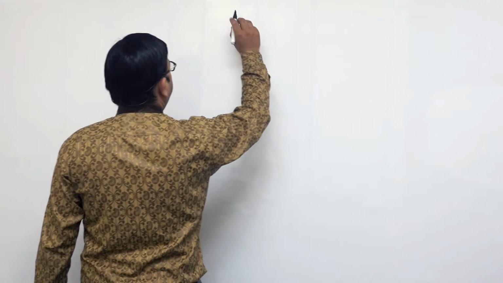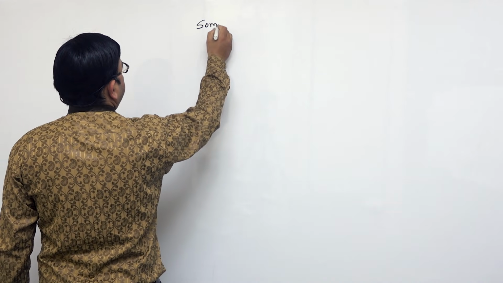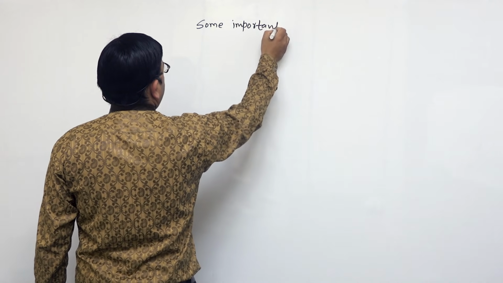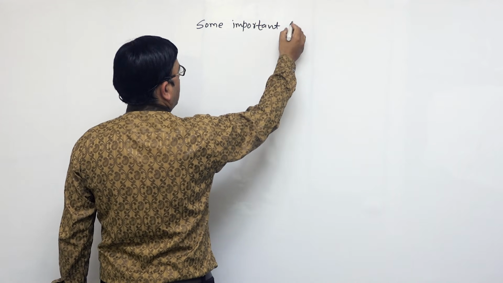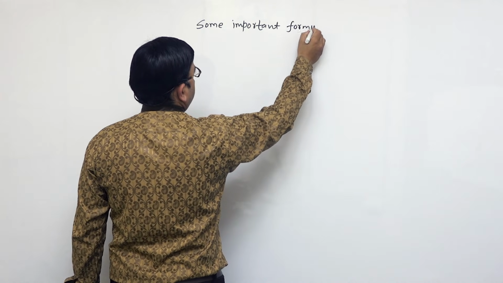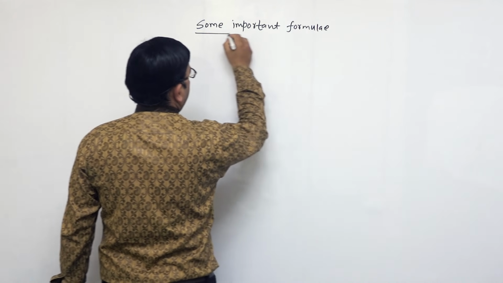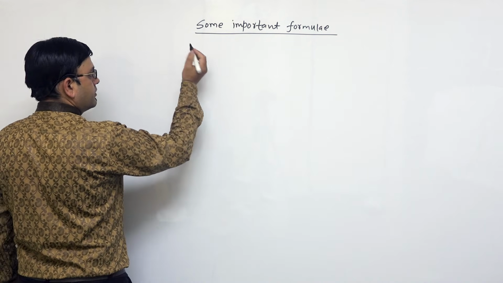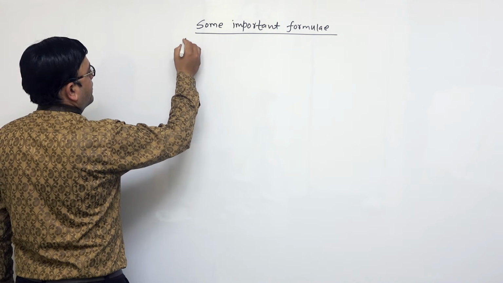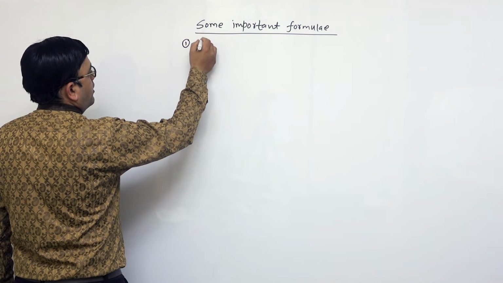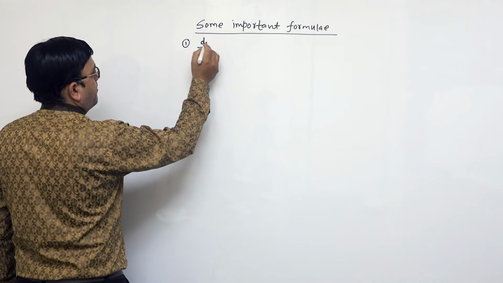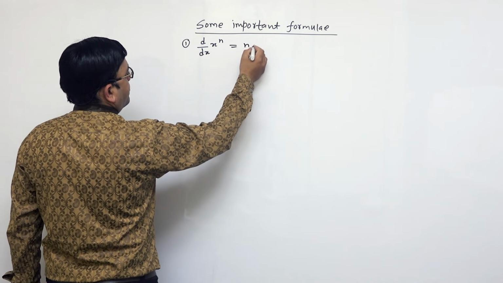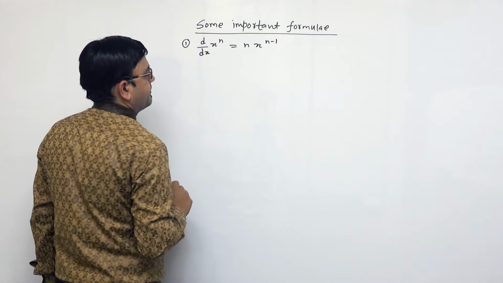So some important formula related to the derivative. So first one, number one formula, first formula is d by dx of x to the power n is equal to n times x to the power n minus 1.